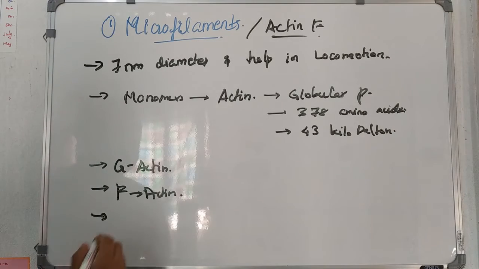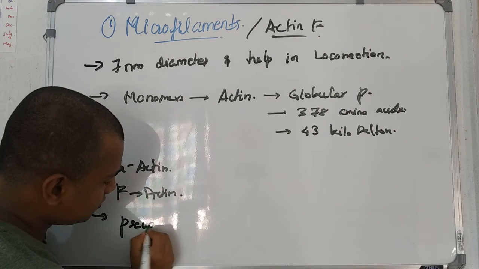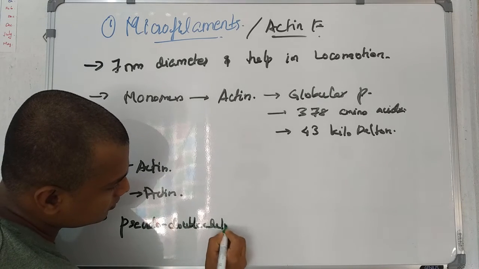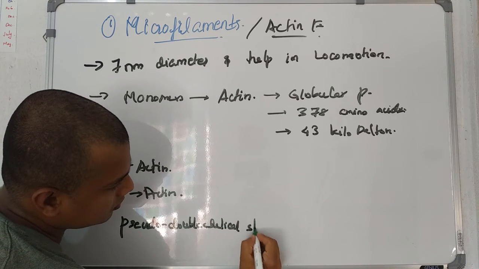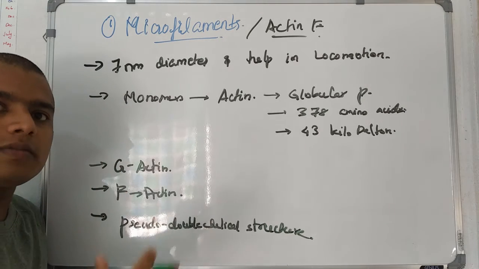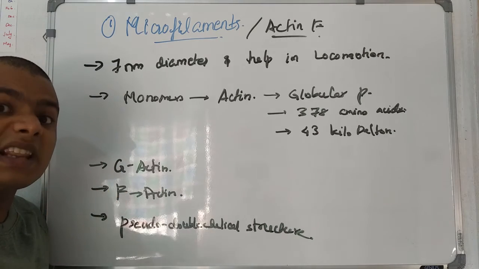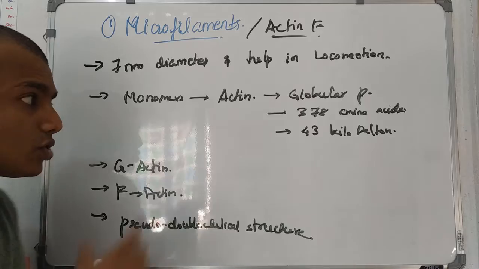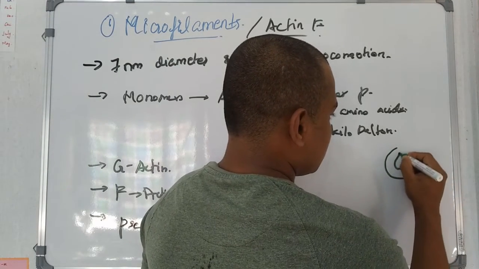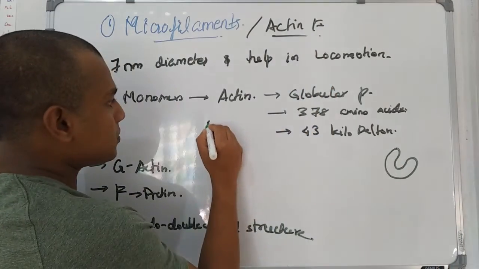Actin has a pseudo double helical structure, which means they appear to be double helical in structure, but they are not double helical. I'll show you what it looks like. Actin is a U-shaped protein.